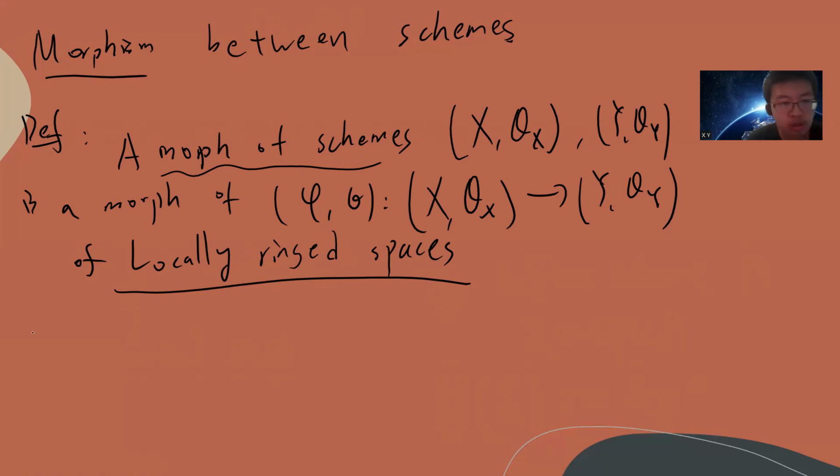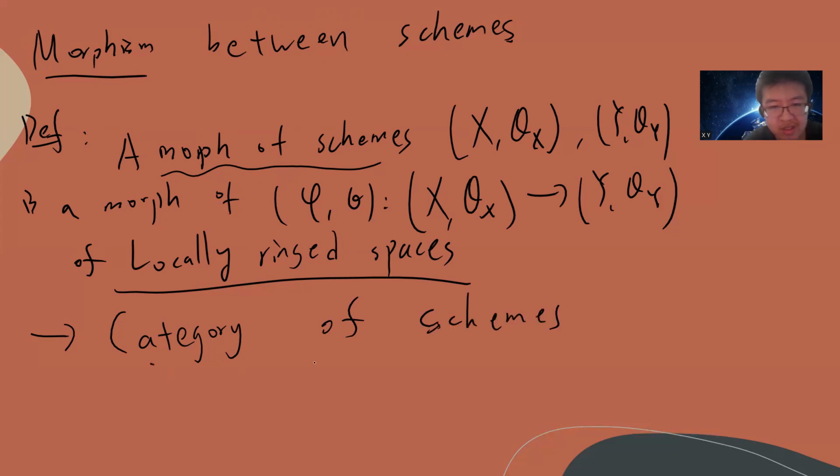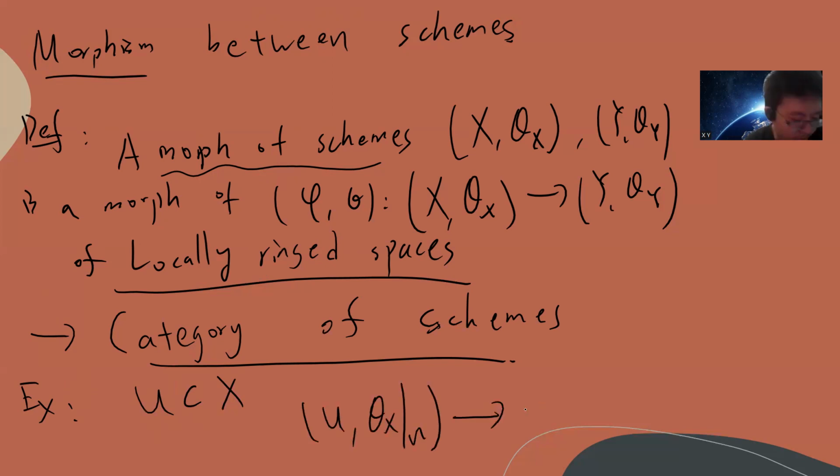Okay, so here we can get the category, because you can check that the composition of two morphisms is still a morphism of skins, and there is an identity. It's the category of skins. And a simple example is that if you take an open subset U of X, then there's a natural morphism of skins from (U, O_X restricted to U) to (X, O_X).